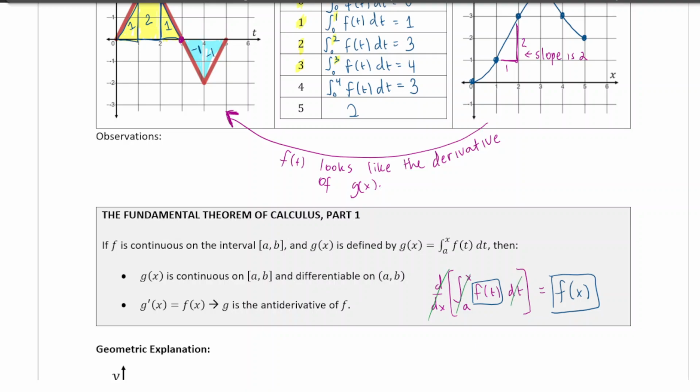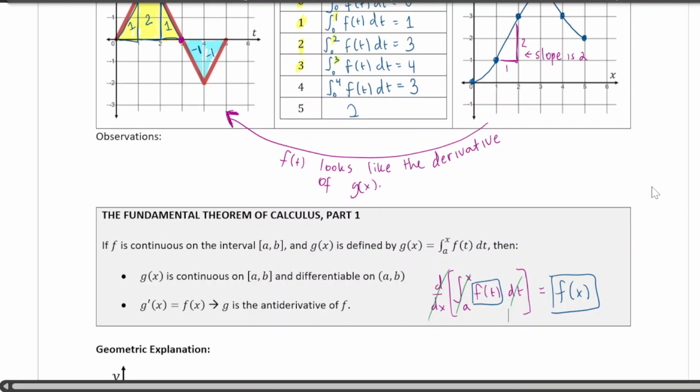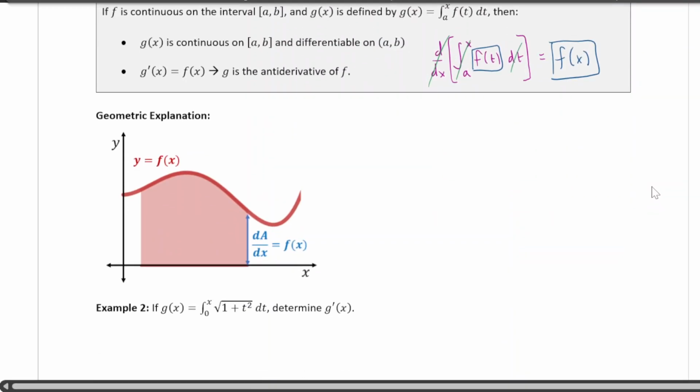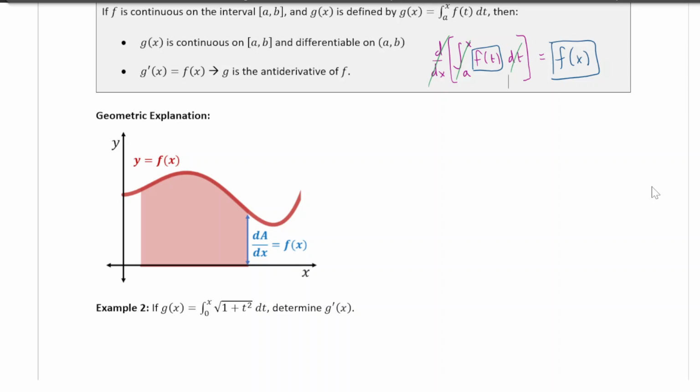So very cool, right? And then we'll learn how we can use this idea of opposite operations to calculate integrals in the next part. But first, a little geometric explanation for those of you who like to really understand why this is true. When we're talking about the area under a curve, and we want to ask how that area is changing with respect to x, if we want to take the derivative of that area, the rate at which it's changing, go back to imagining these very thin rectangles, infinitely thin rectangles.